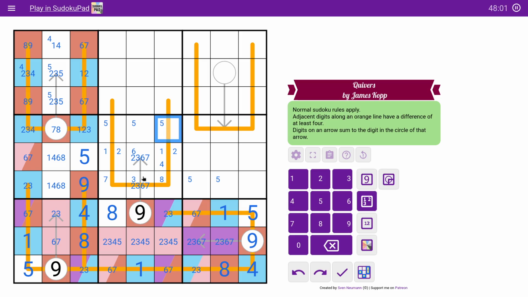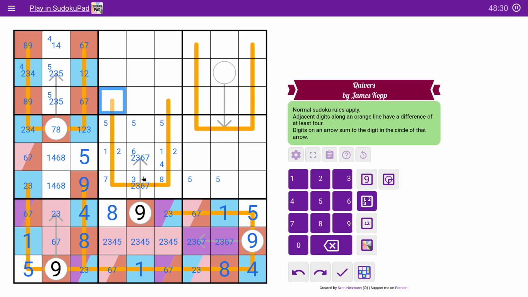5 or 9. And this 5 or 9. And this 2 or 4. If this is 5, that's 9.